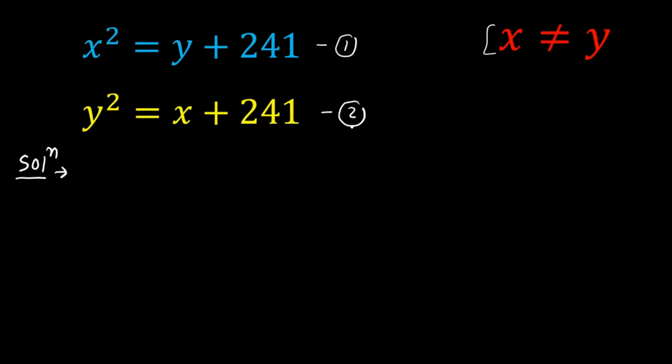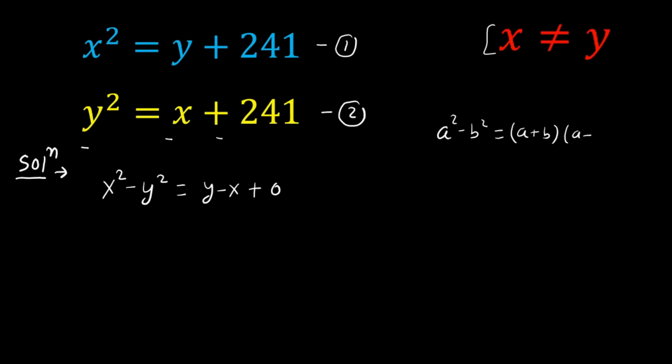If we subtract equation two from equation one, then on the left-hand side we get x² minus y², and on the right-hand side y minus x plus 241 minus 241, which is 0. Then on the left-hand side we apply a² minus b² = (a plus b) times (a minus b).